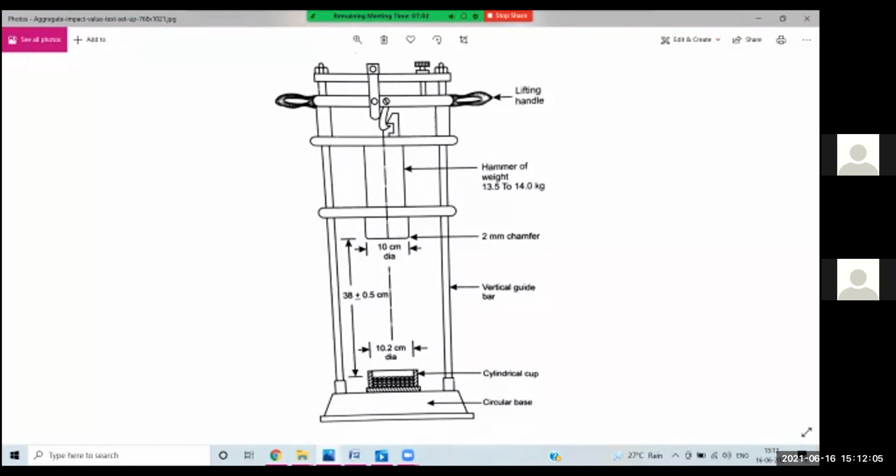And these are the 2 vertical guide bars. Its free fall is 380 millimeter plus minus 5 millimeter. This is the cylindrical cup. Diameter is 102 millimeter, and this is the circular base. Is it clear to all? Hello? Yes, ma'am.